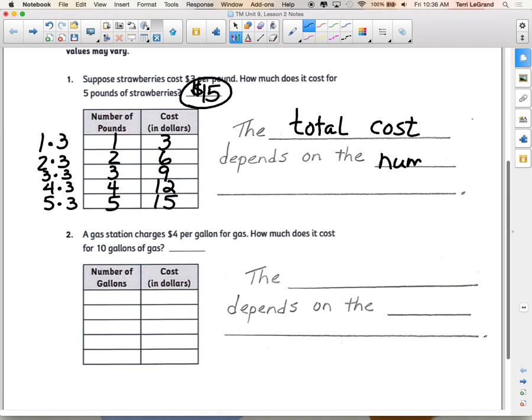Because that's what we were doing. We were taking the number of pounds of strawberries. So the total cost depends on the number of pounds of strawberries. The output depends on the input.